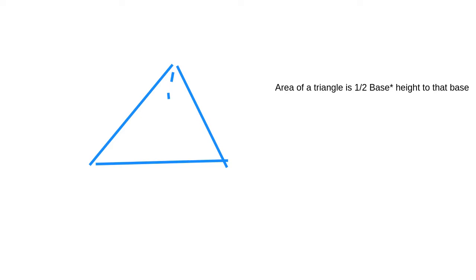I'm trying to call up the eraser and erase those, and I'm not getting it done, so I'm just going to draw here. All right, so I'm dropping the perpendicular there.